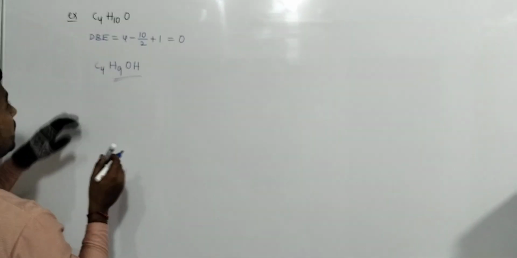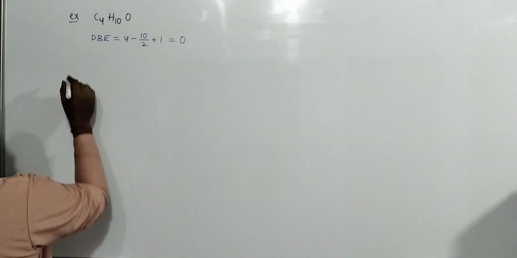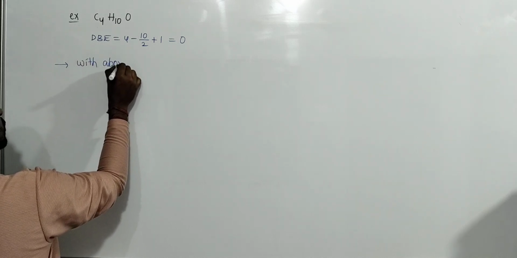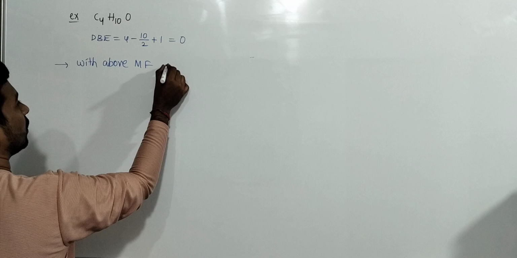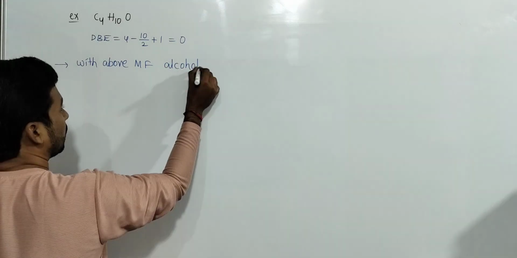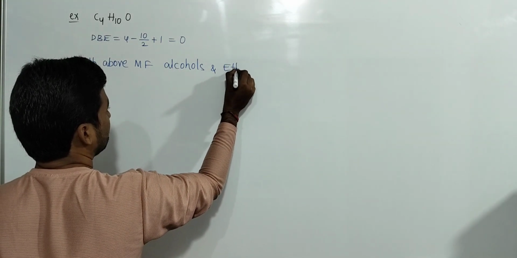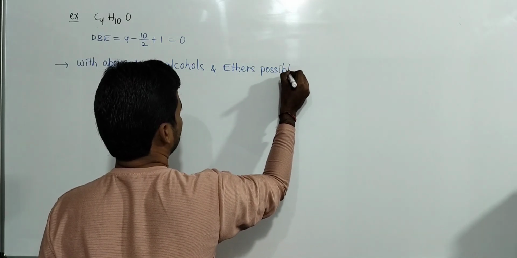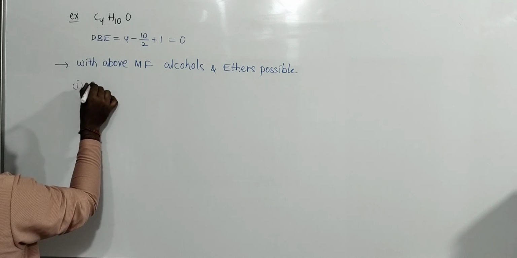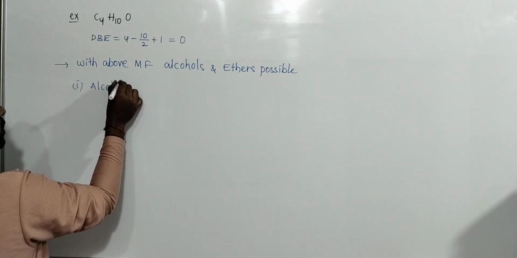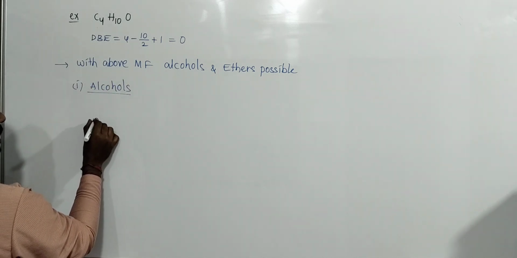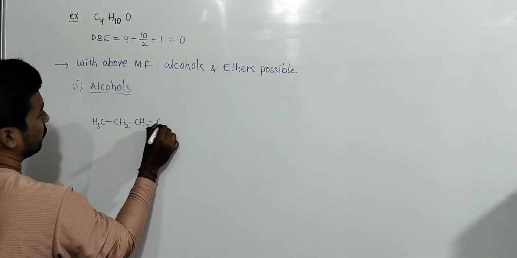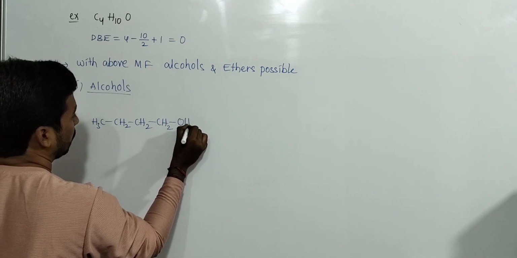So with the above molecular formula, alcohols and ethers are possible. In alcohols, 4 carbon atom alcohols: CH3, CH2, CH2, CH2, OH, that is 1.